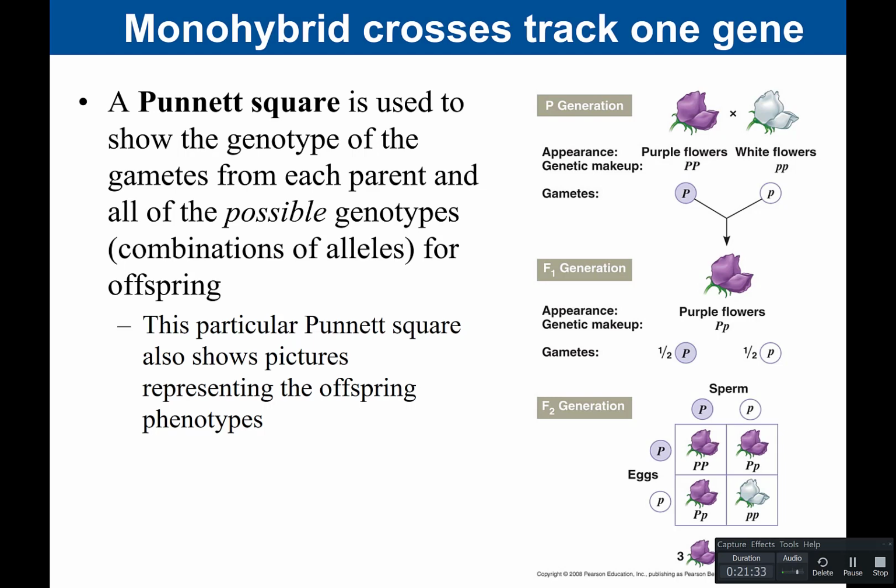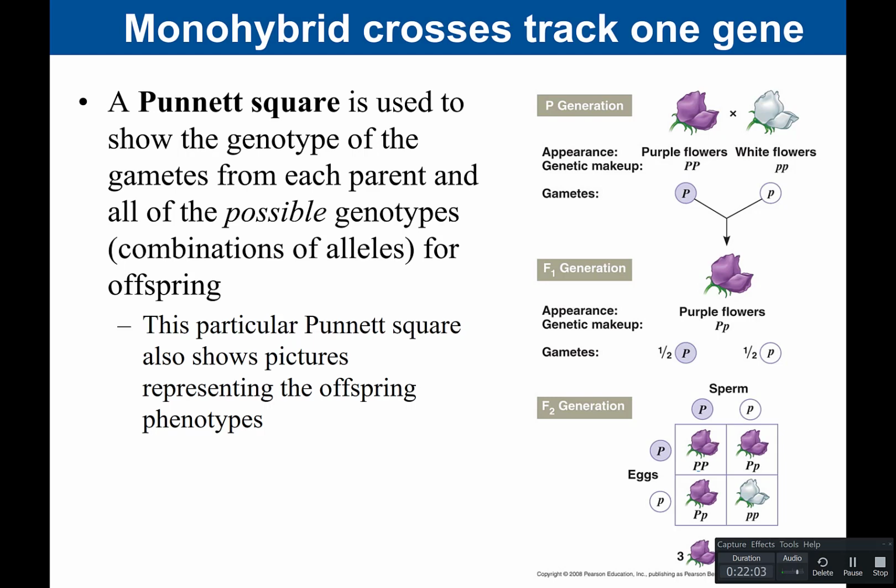In the middle of the Punnett Square, what we fill in, if you notice this one here, we have big P. So the sperm gave the big P, the egg gave the big P, we get big P. That is a possible genotype for the offspring. Or the egg could give a big P and the sperm could give a little p, so that the offspring's genotype is big P, little p, which is still going to be purple flowers.